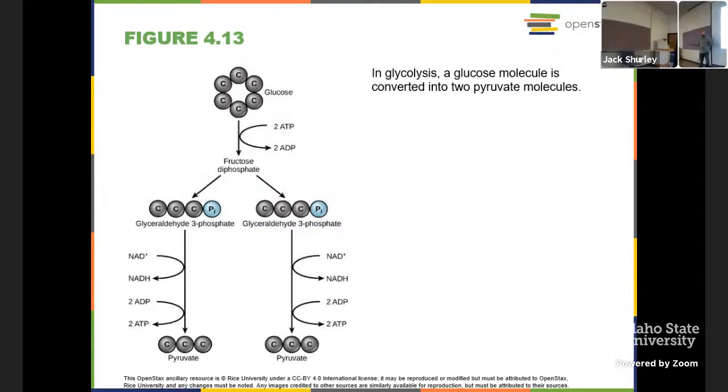So I like to think of it as, you know, it takes energy to make energy. You don't just get it by itself, right? And in order to do that, this is what initiates it, right? We phosphorylate this sugar molecule. We energize it, right?